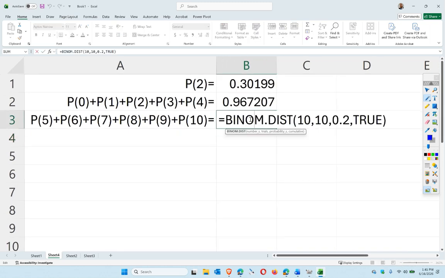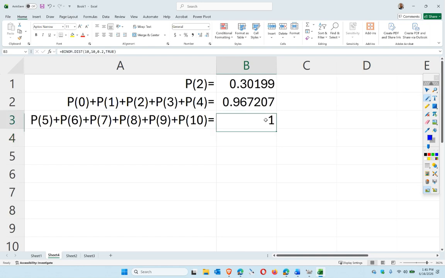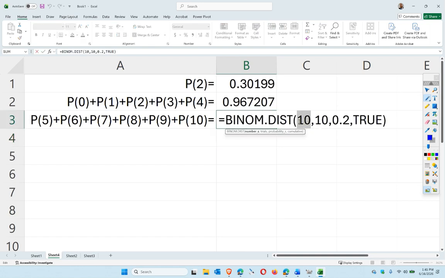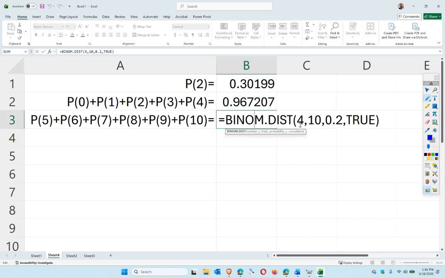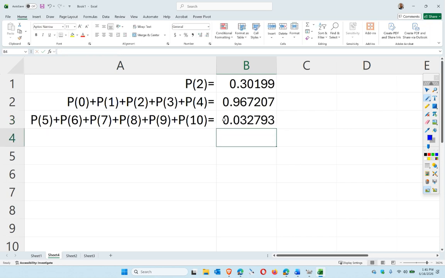I'm going to get an answer of 1 because if I do 10, that's everything from 0 to 10. So 0 to 10 is everything. That's not what I want. That's not going to work. What I need to do is 4. Oh, wait a minute. That's still not the answer, because if I do this, this is 0 to 4. So what I want to do is 1 minus that to get our answer.